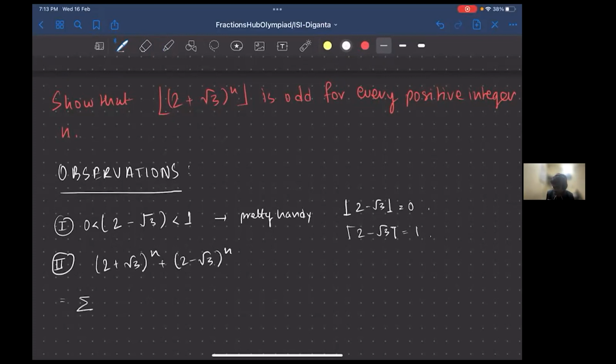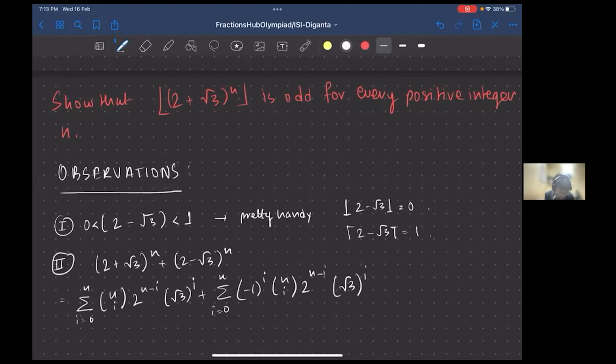So this comes out to be the summation i running from 0 to n of n choose i, 2 to the power of n minus i, root 3 whole to the power of i, plus the summation i running from 0 to n of minus 1 whole to the power of i, n choose i, 2 to the power of n minus i, root 3 whole to the power of i.